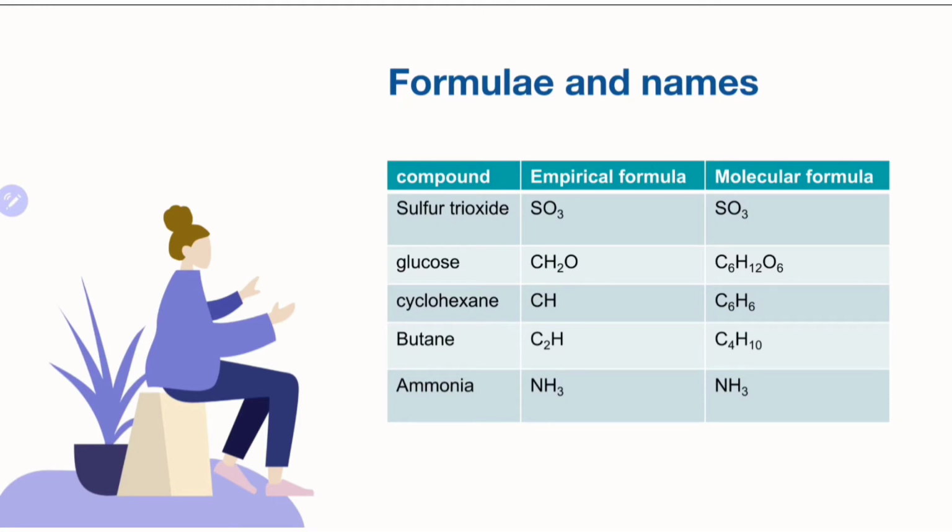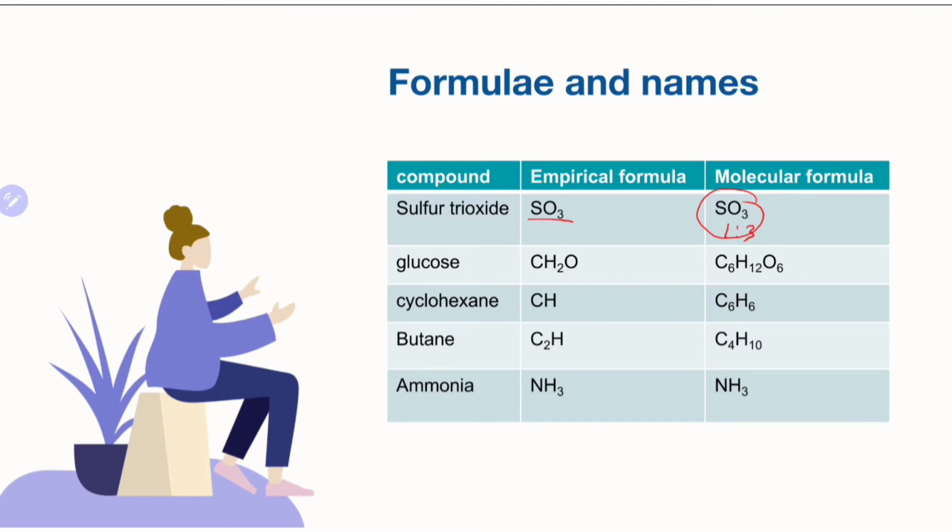Here are some examples of substances or compounds. Sulfur trioxide. The molecular formula is SO3, then the ratio is 1 to 3, so the empirical formula is SO3 as well.